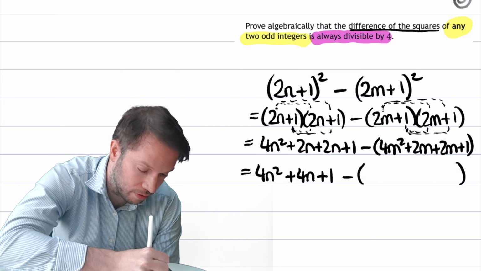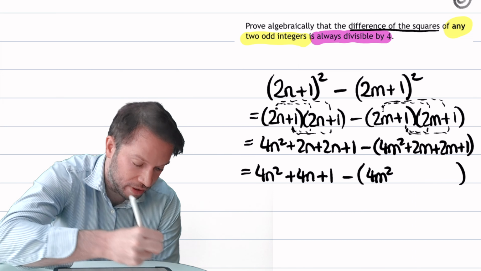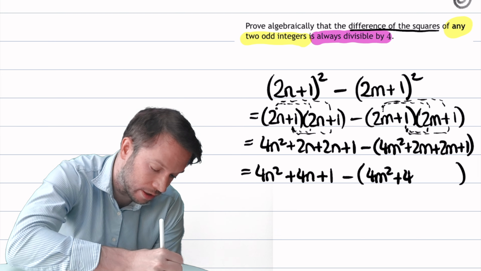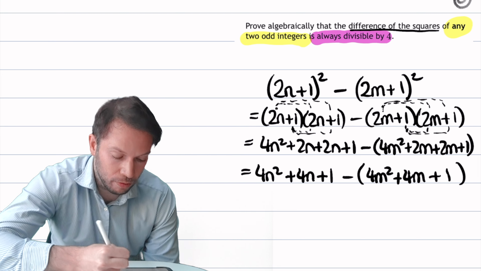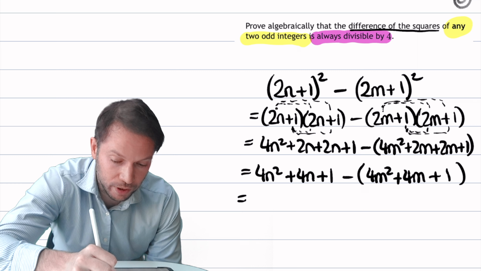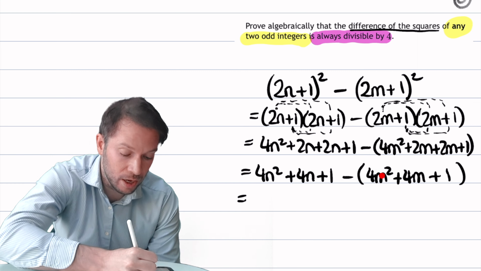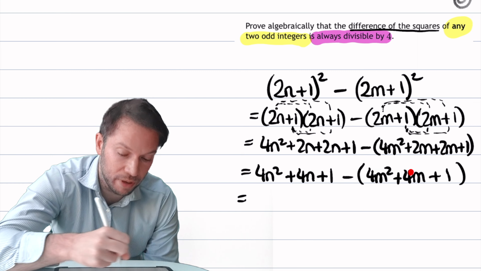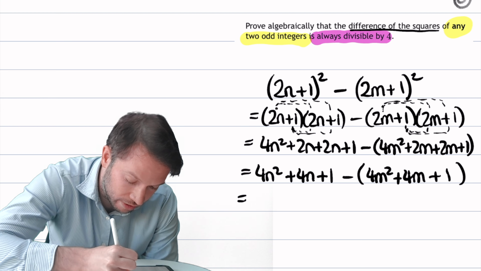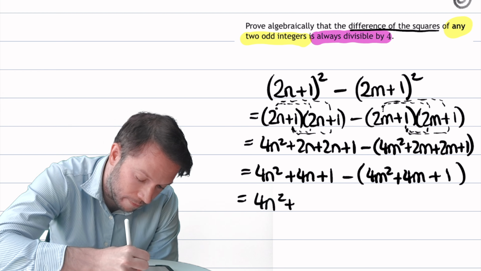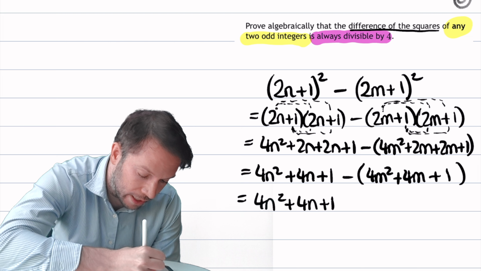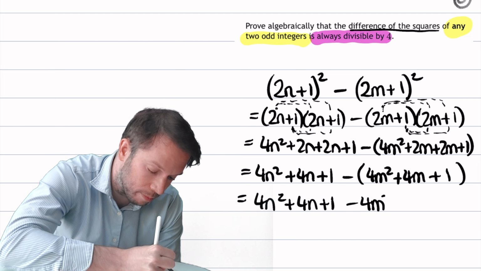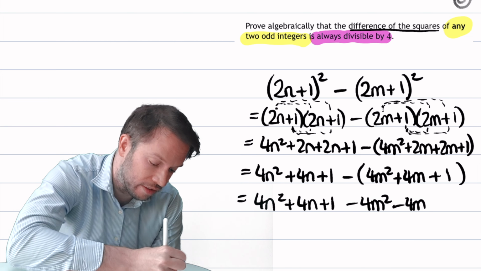Let's tidy up: 4m squared, 2m plus 2m is 4m, plus 1. And now, the reason we had that bracket is because we're not just subtracting the 4m squared, we're subtracting every term in this bracket. So we're going to have 4n squared plus 4n plus 1, and we've got minus the 4m squared, but we're also minusing the 4m, and we're also minusing the 1.